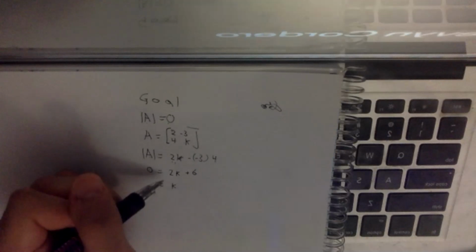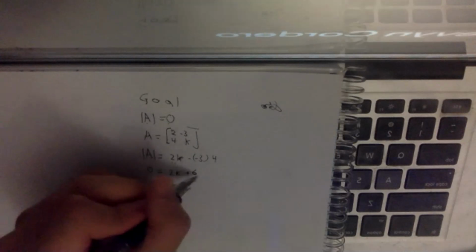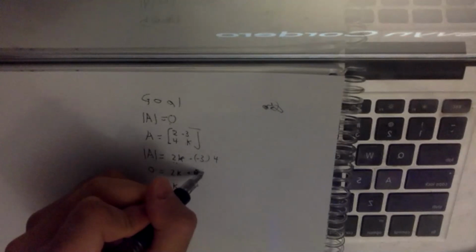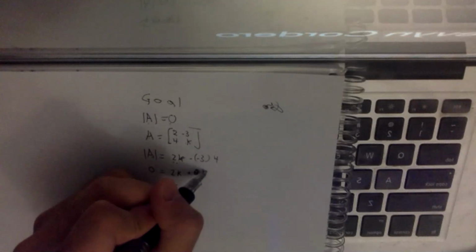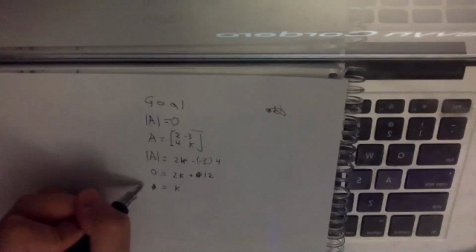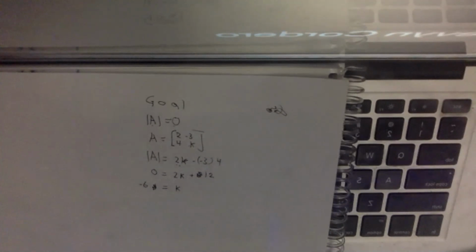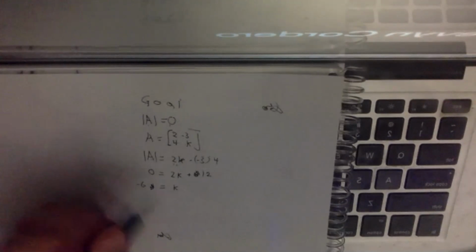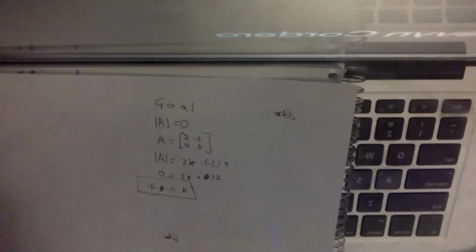K equals, I did this wrong, 12. Mm-hmm. That's right. Math is hard. K equals minus 6. Yeah. This is mainly just finding stuff in the handbook.